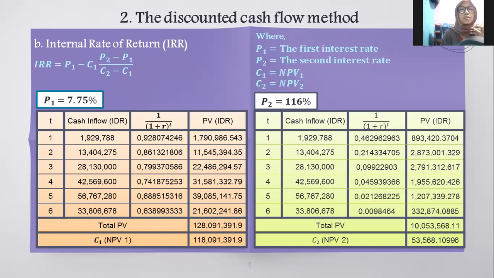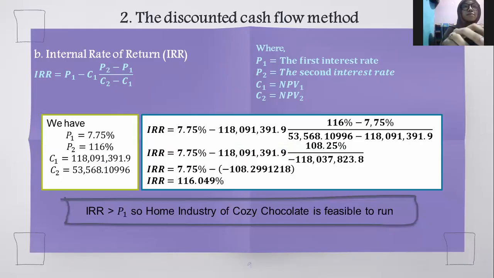So now here we choose P2 equal to 116%, and we get C2 or NPV2 equal to 53,568.10996. Next. Then this is the counting of IRR.